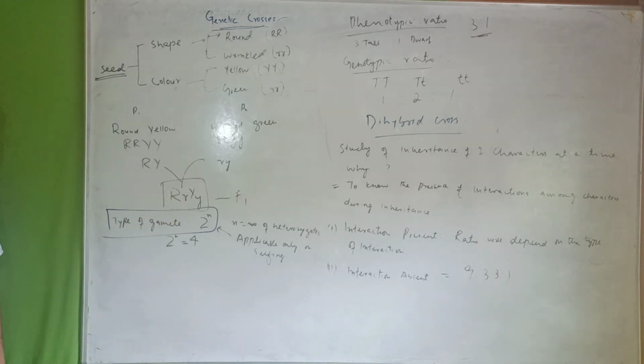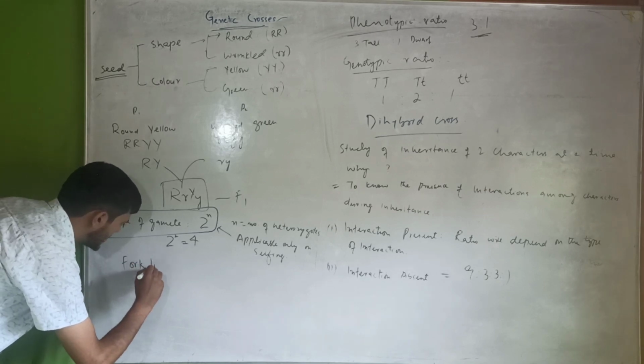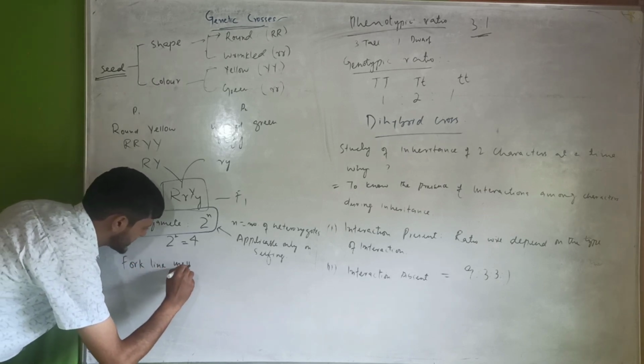To find out the types of gametes, we use the fork line method.